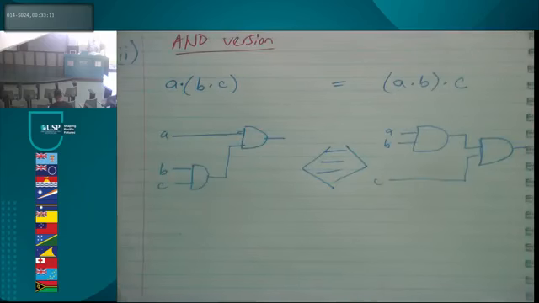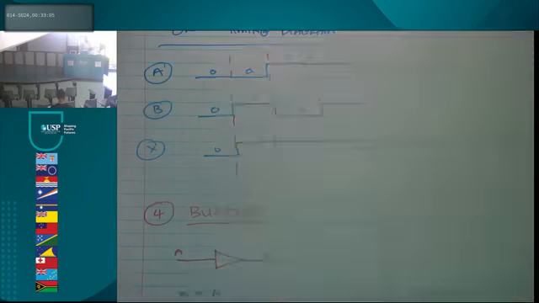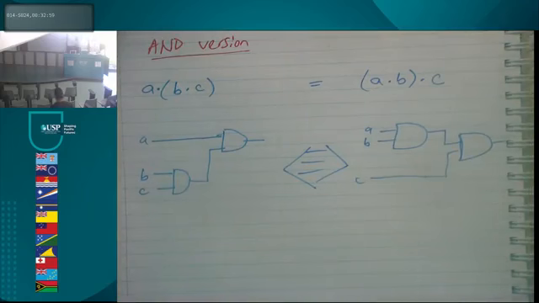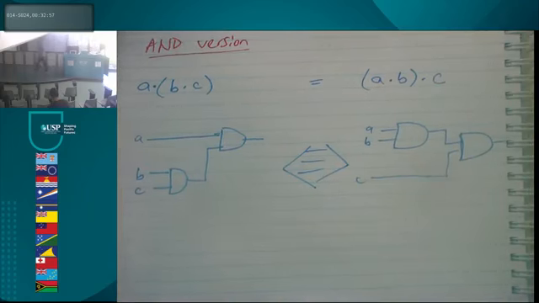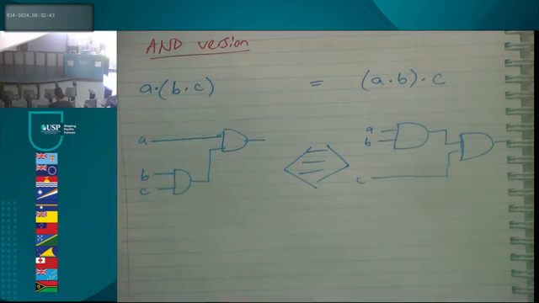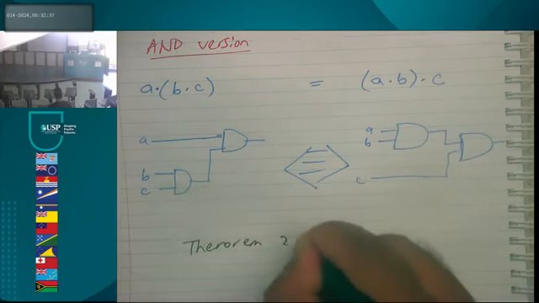So the circuit on the left-hand side is the same as the circuit on the right-hand side. My point is that when you are looking at Boolean theorems, there is always a rewiring or reduction or simplification of the circuitry. In this case, there's not much simplification, but as we move on to other theorems, you will see that some of these theorems become very handy. Let's look at the next theorem. Okay, Theorem 2.